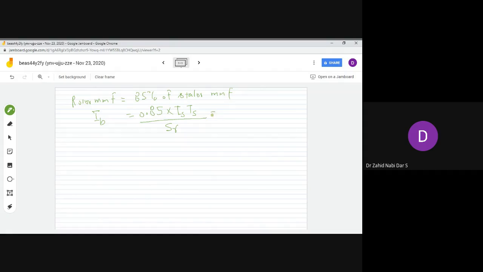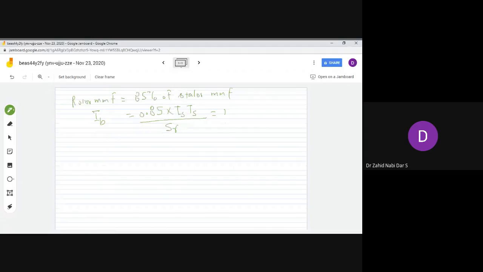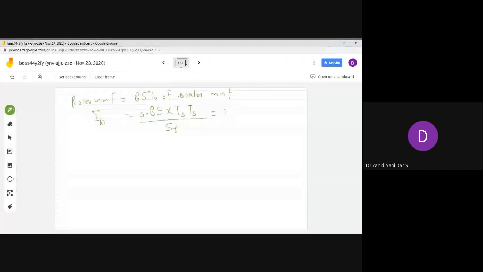So tell me the value. Substitute the value of IS, you have 27.91. TS value you know, it is 120. The stator slot value you also know, is 44.